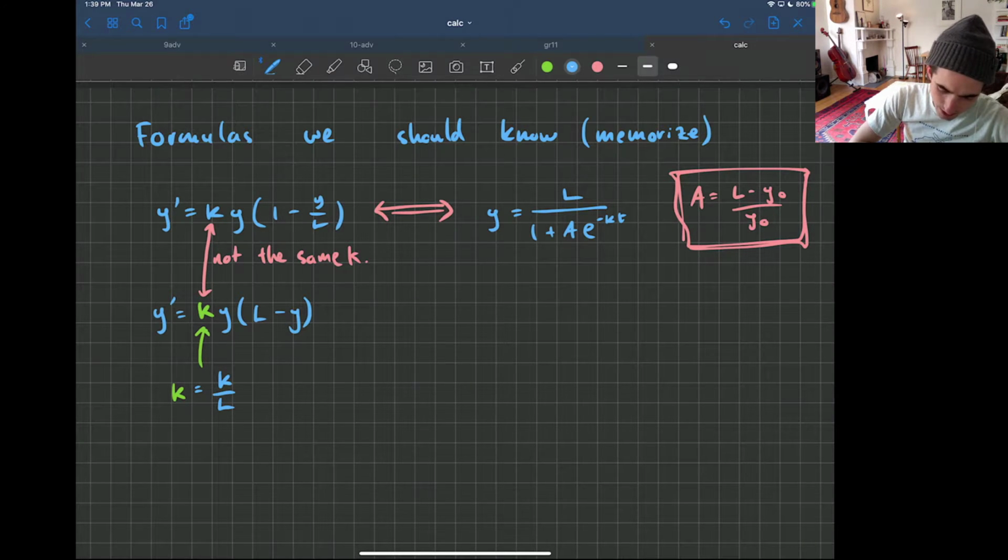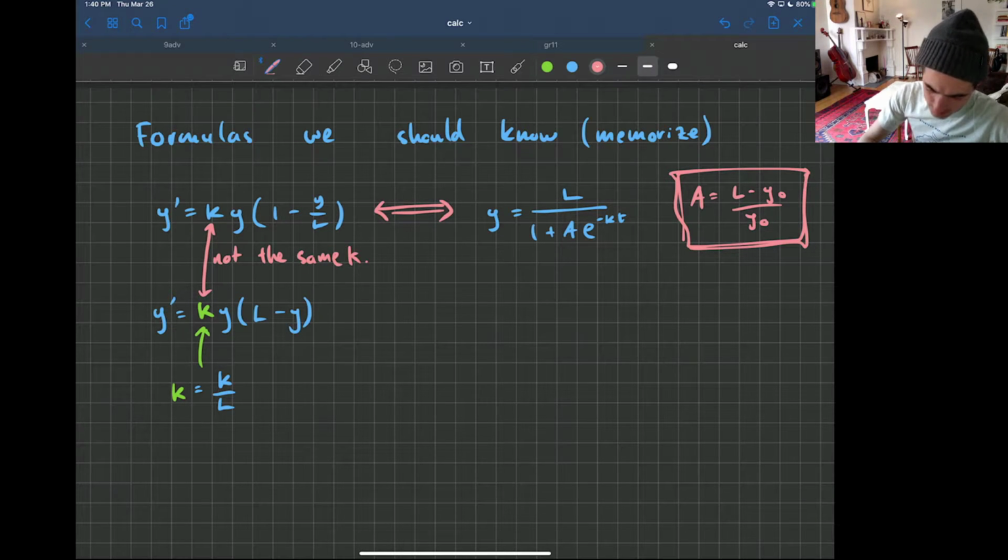I suppose we could use a different letter, but the thing is that we're going to be seeing this k come up regardless, so we just need to be aware that these are different formulas. The k is just a constant, so in different contexts we're going to have a different k. We just have to be aware that this green k has an L taken out of it.